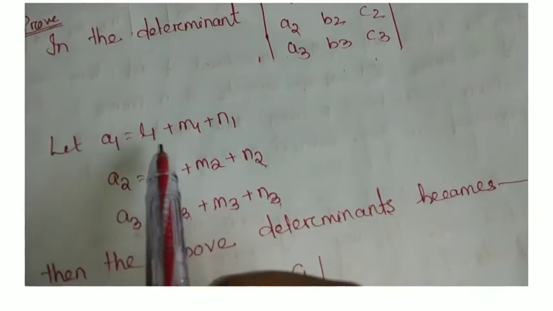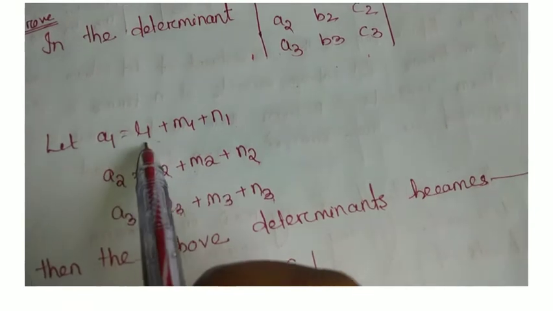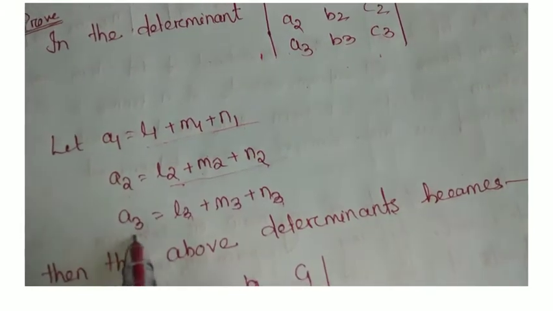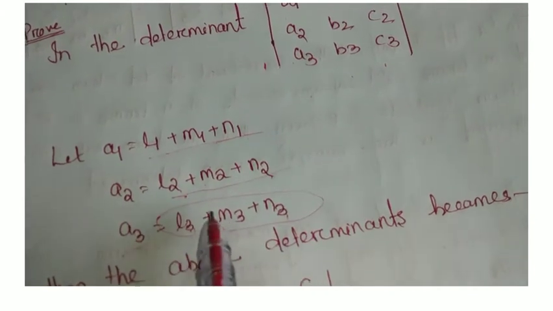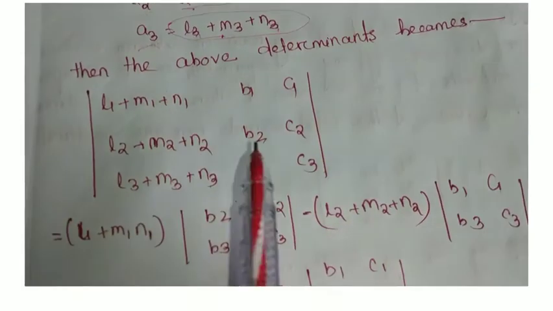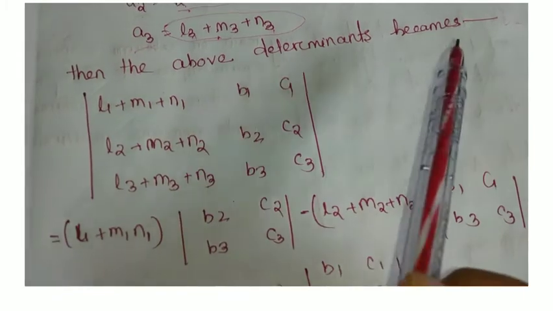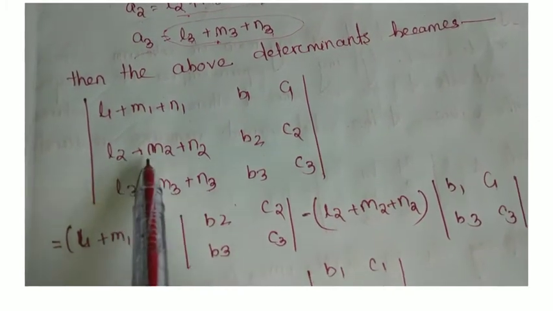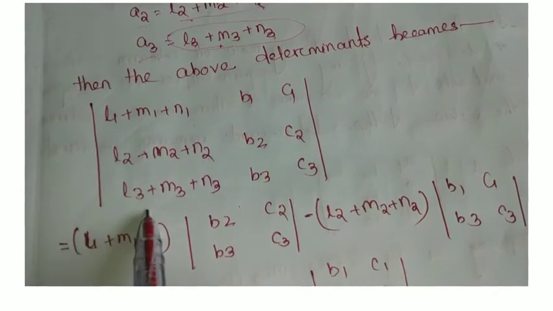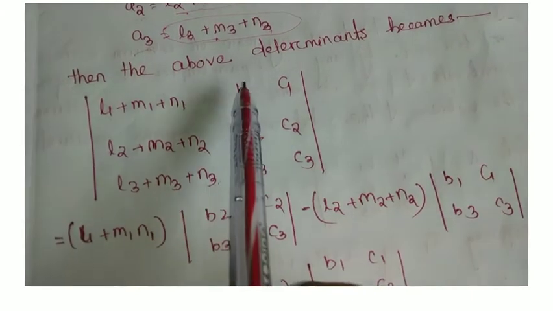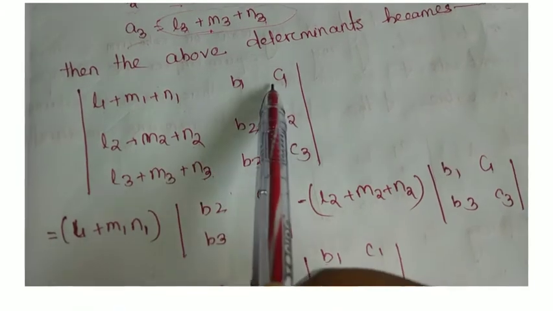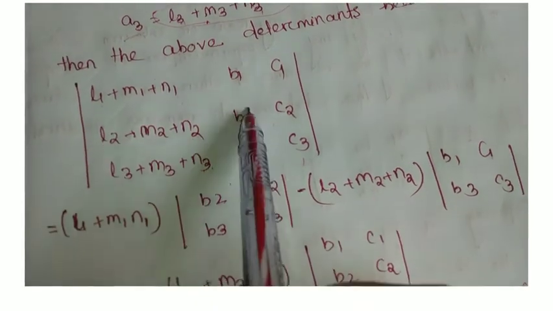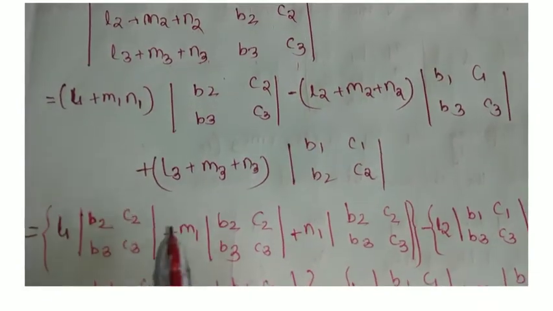That means in place of A1, A2 and A3 we write these values. Then the above determinant becomes L1 plus M1 plus N1, L2 plus M2 plus N2, L3 plus M3 plus N3, B1, B2, B3, C1, C2, C3.